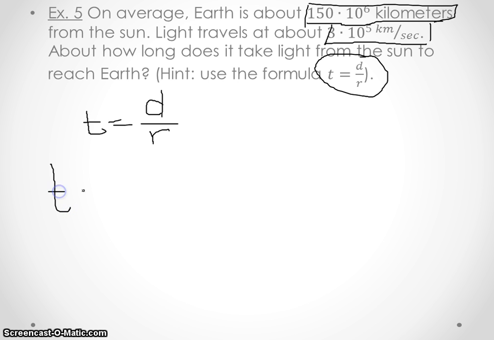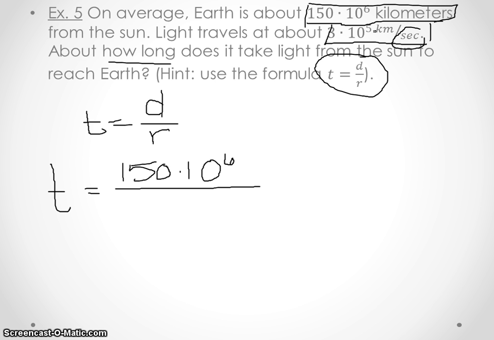So we have T equals, they want to know the time, about how long. That's going to be a unit of time. So we know that's not going to have a unit yet. Our distance is 150 times 10 to the 6th. And you could put the units in here, but we know that we're going to end up with seconds.